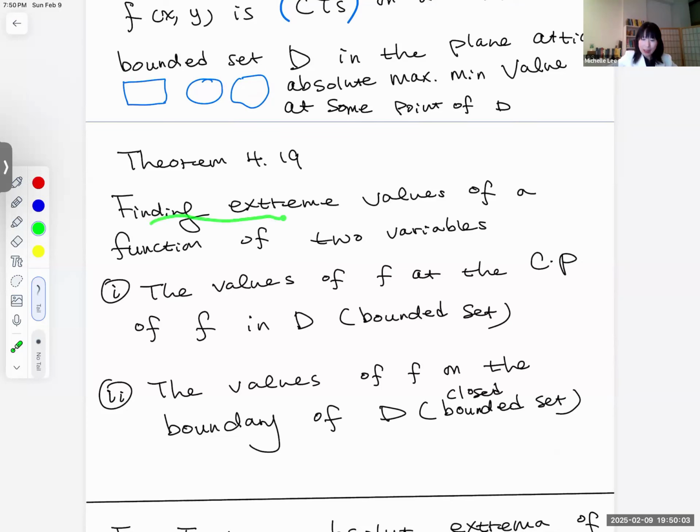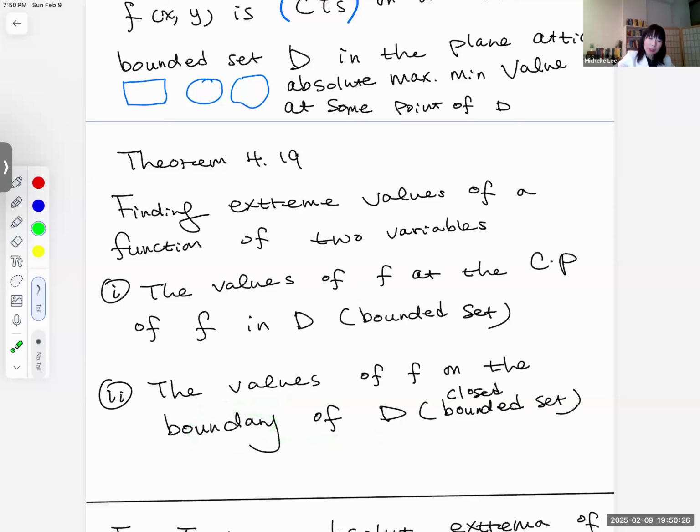All right, now we have another theorem. They say that in finding the extreme value of a function, we can have the values at the critical points in the bounded set or the boundary.